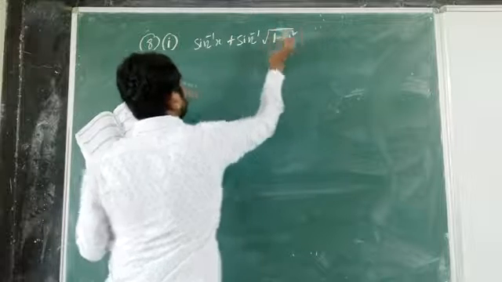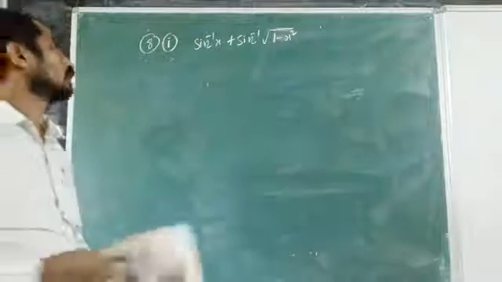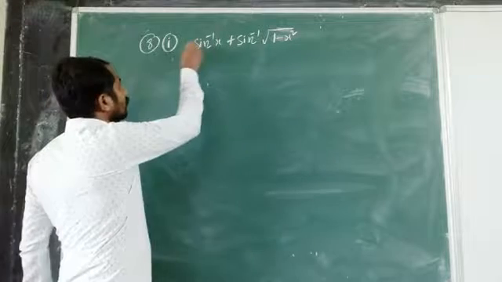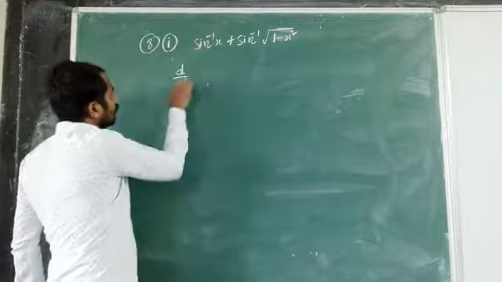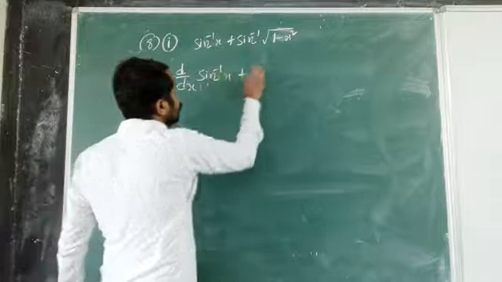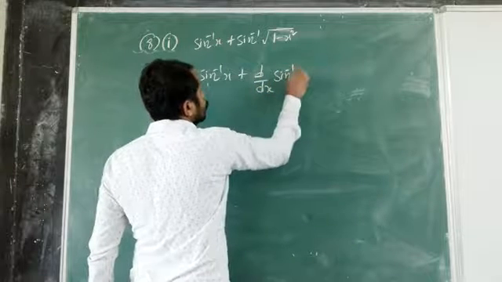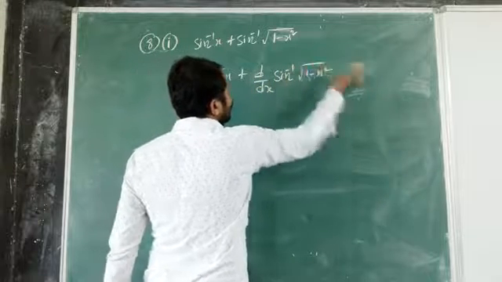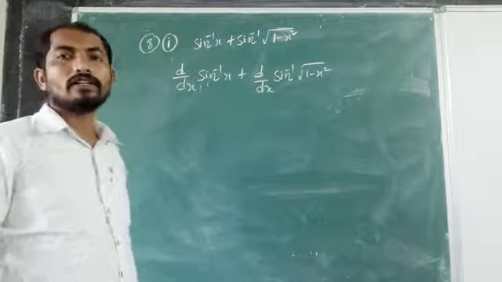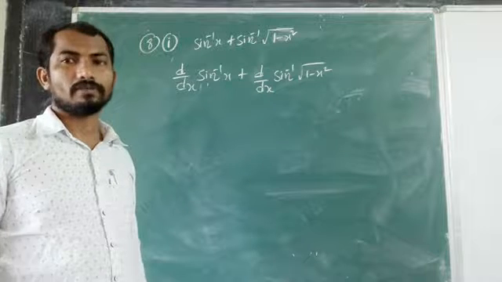Okay, so here you can see d by dx of sine inverse x plus d by dx of sine inverse root 1 minus x square. We are asked to find the derivative. There are two terms in this function. We have to take the derivative separately.